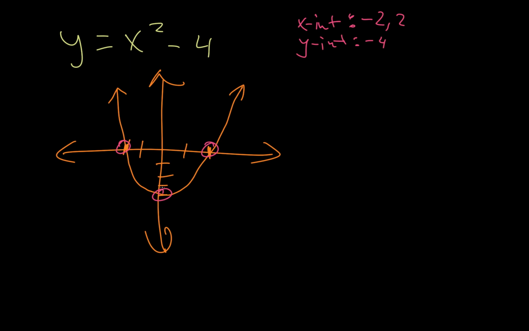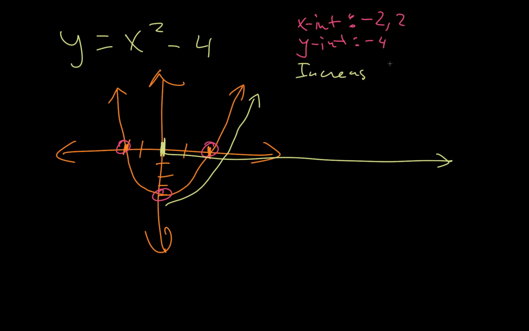So from the vertex right here, we're going to go uphill. So our increasing interval is going to be from this x value all the way to infinity. So increasing interval is going to be from 0, because that's the x value of the vertex, all the way to infinity.